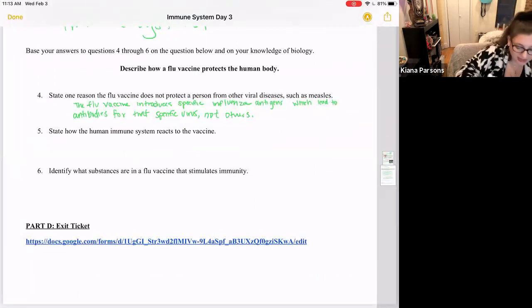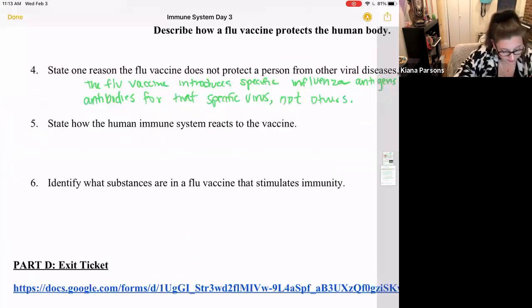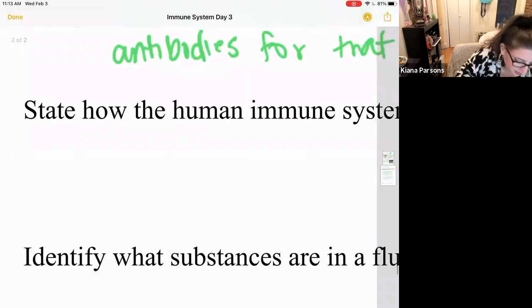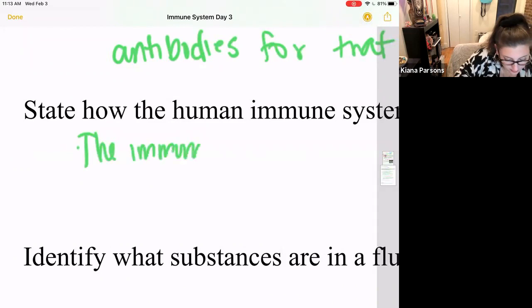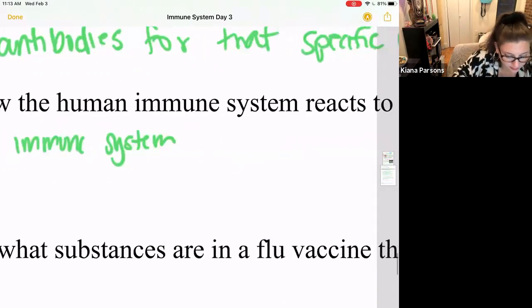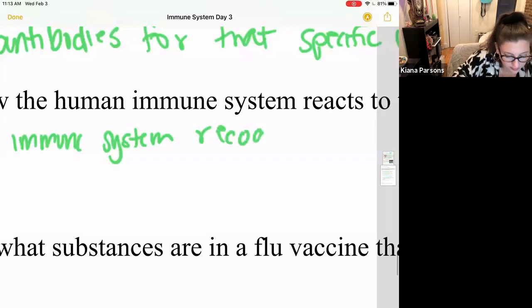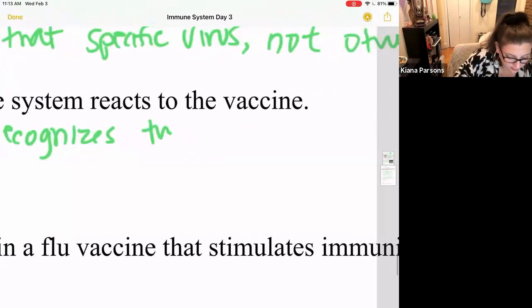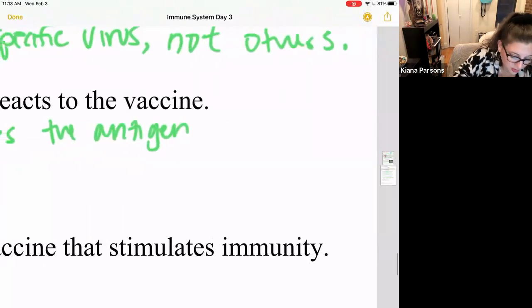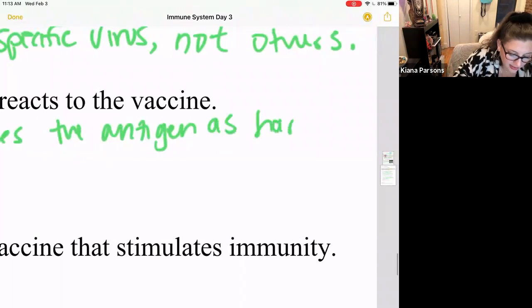How does the immune system react to the vaccine? Well, the immune system recognizes the antigen as harmful, right? So it develops antibodies.